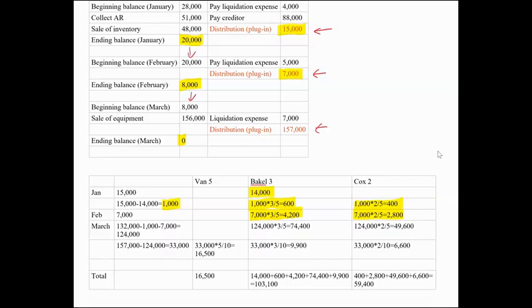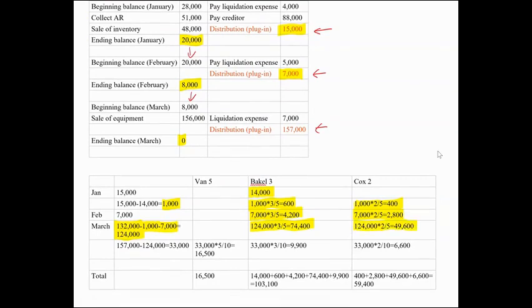So in total, they need another 130,000, but because they already allocated 1,000 in January and 7,000 in February, they still need an additional 124,000 to complete the step 2 allocation. In the step 2 allocation, Baco still gets 60% and Cox gets 40%.